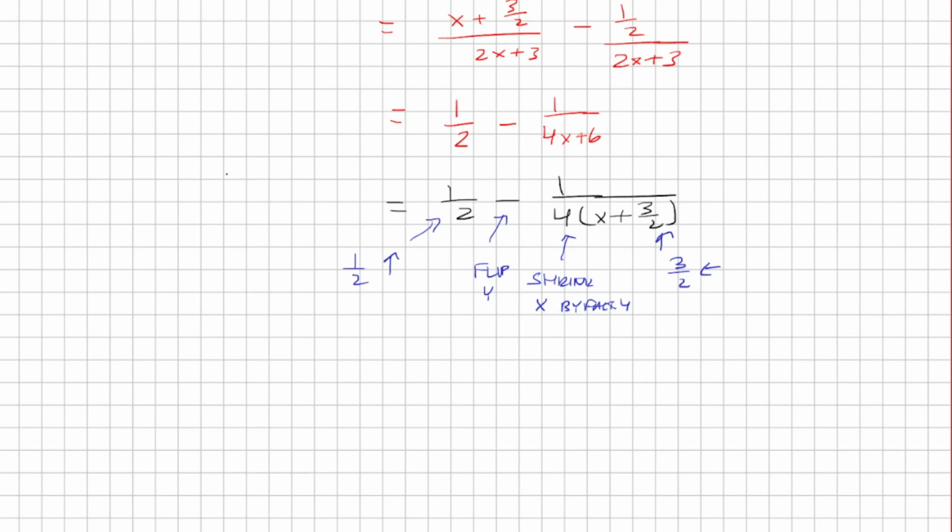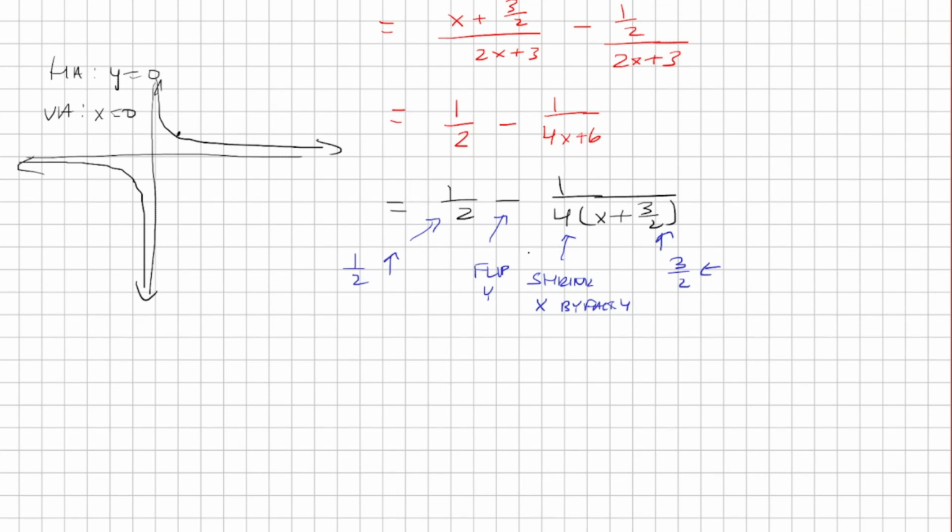Okay, so the original function that we're going to start with is 1 over x, which looks something like this. One thing to keep in mind is the horizontal asymptote is y equals 0, and the vertical asymptote is x equals 0.